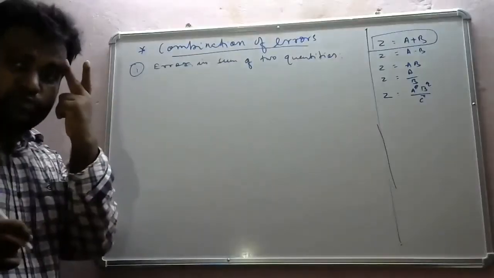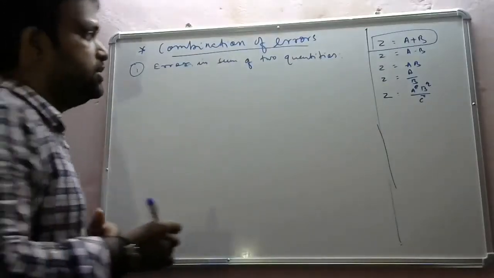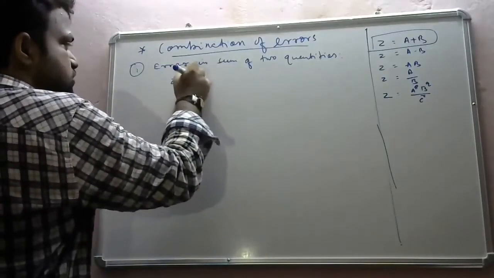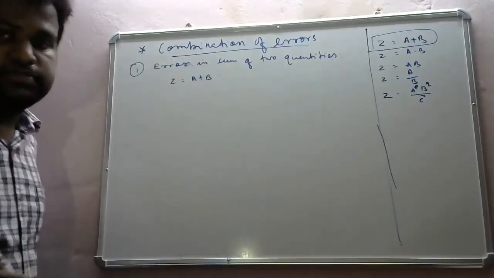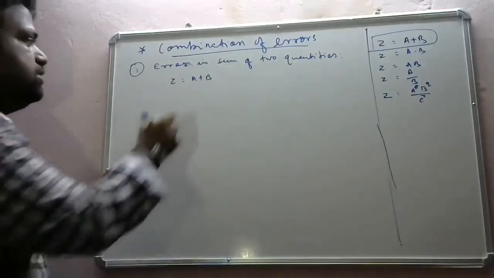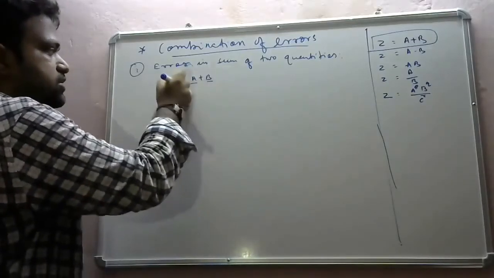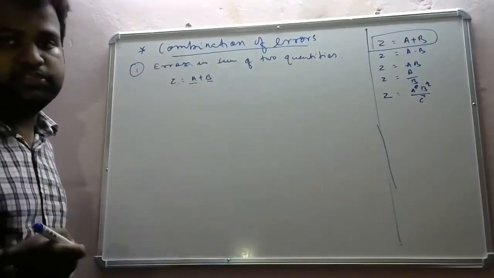So what will be the error in the sum of two quantities? Z is equal to A plus B. Now, if A has some error and B has some error, then what will be the error in the result Z?